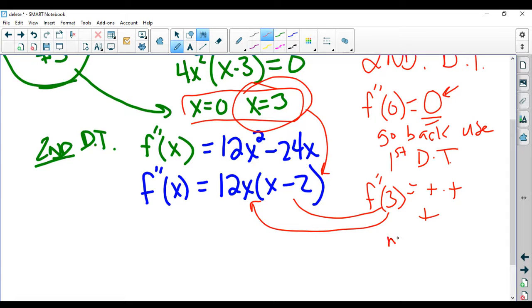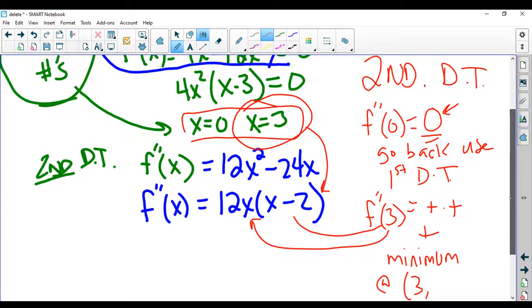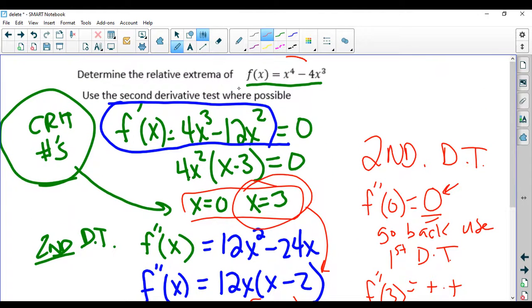So we have a minimum at x equals 3. And then we plug this into the original function. 3 to the fourth is 81. 3 to the third is 27, and 4 times 27 is 108.